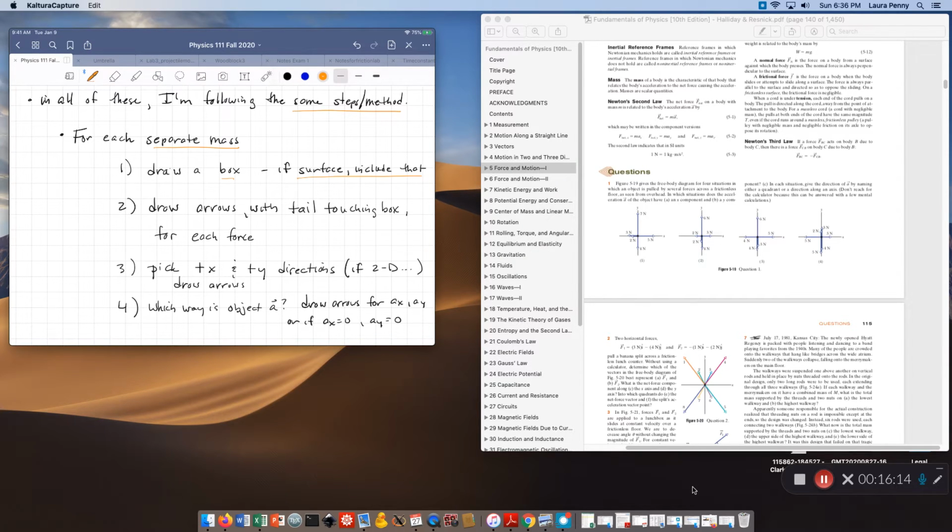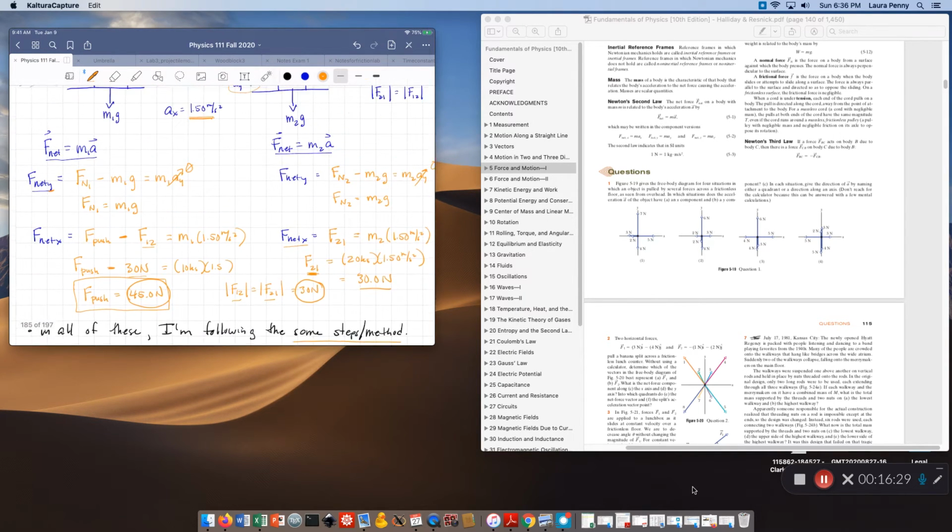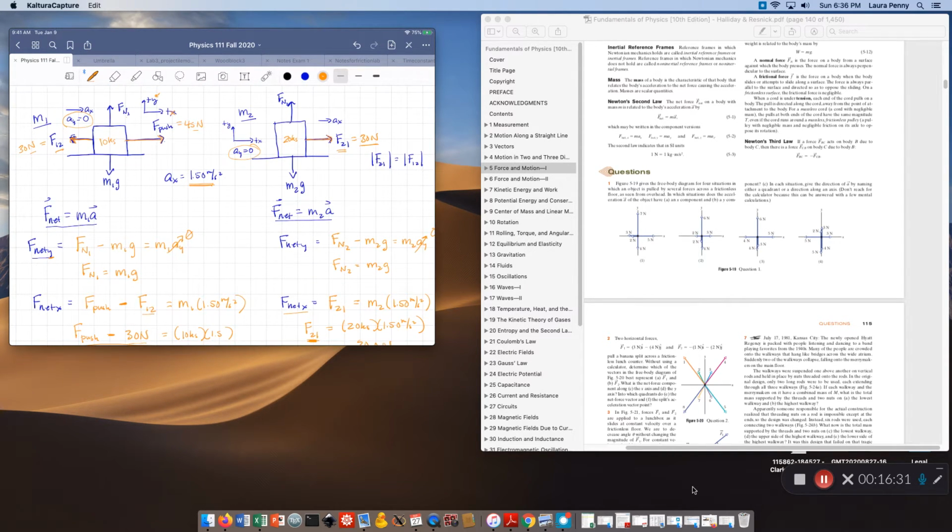After you have your box, then you're going to draw arrows with the tail touching the box for each force. So you'll ask yourself what forces act on mass 1. I know all the forces that are acting on it, and if they're actually forces, you draw arrows starting with the tail on the box and going in the direction of the force.